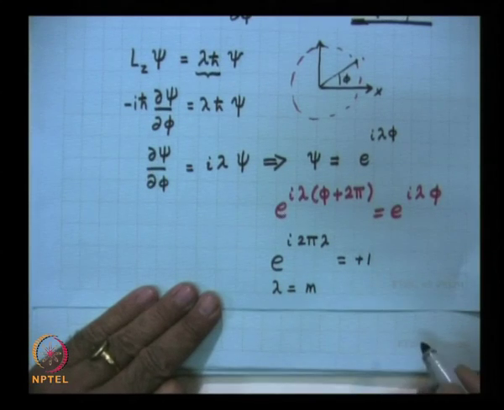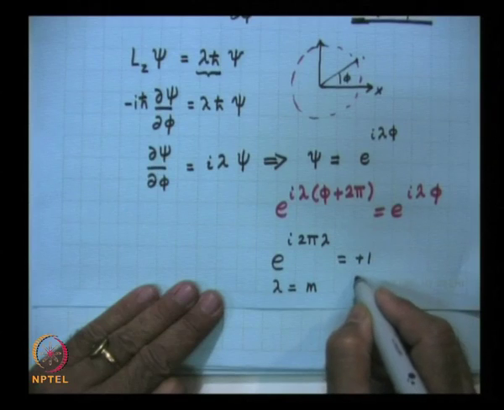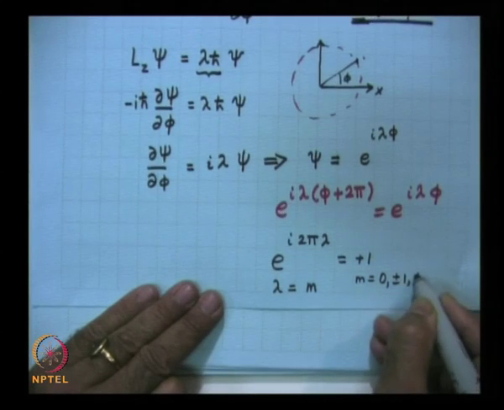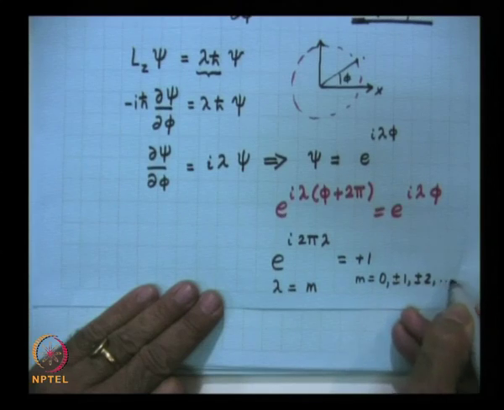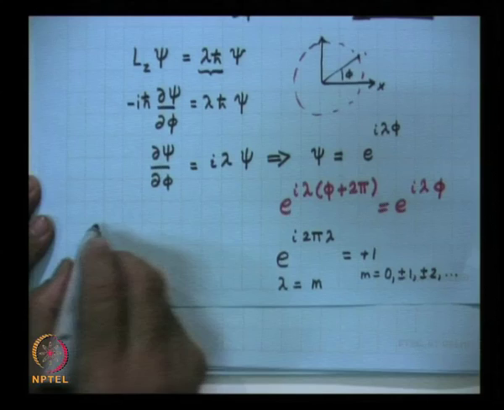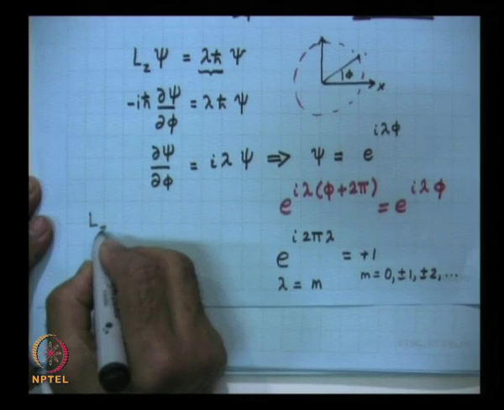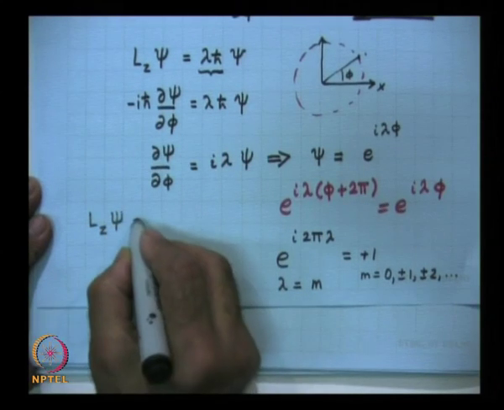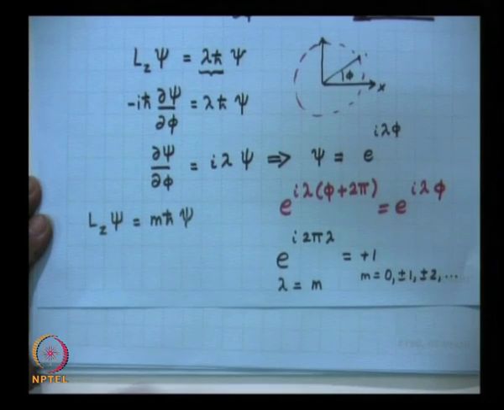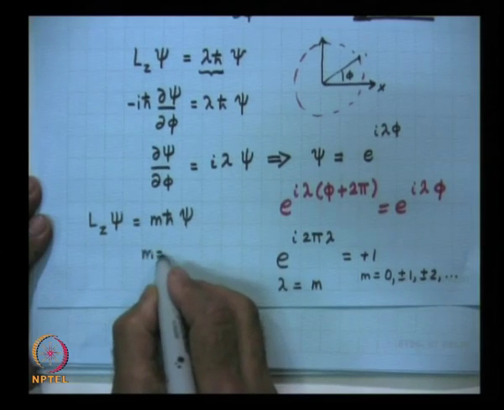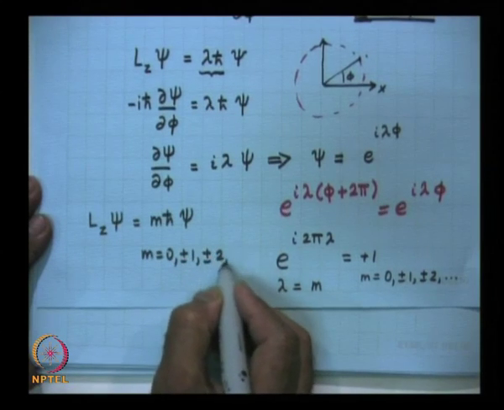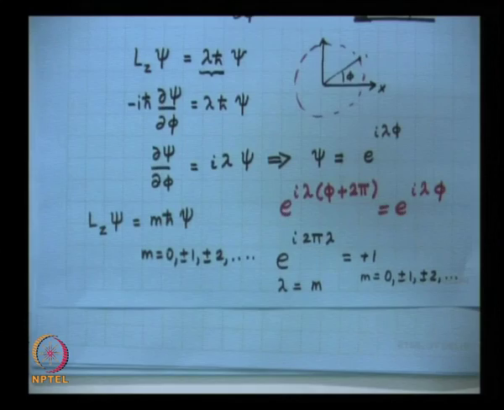Lambda must be a positive or negative integer, which we call m, where m can take the values 0, plus minus 1, plus minus 2 only. So, the eigenvalues of the operator Lz are given by Lz psi is equal to m h cross psi, where m is equal to 0, plus minus 1, plus minus 2 and so on.